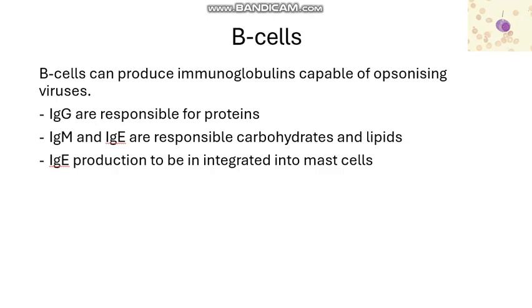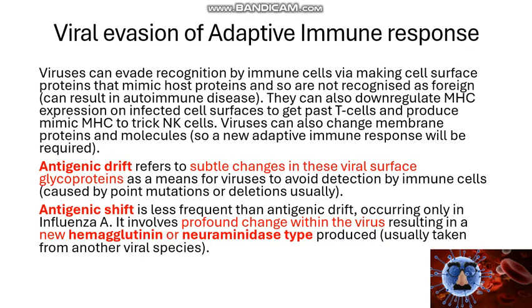All we really need to know is that B cells can produce immunoglobulins that can oxidize viruses, and we've already gone into depth on B cells, so if you want to know more about that, just go to the B cell videos in the playlist.